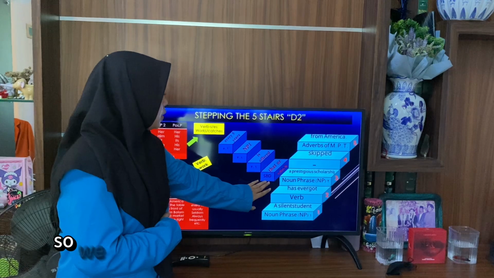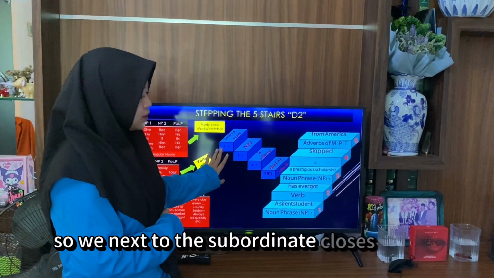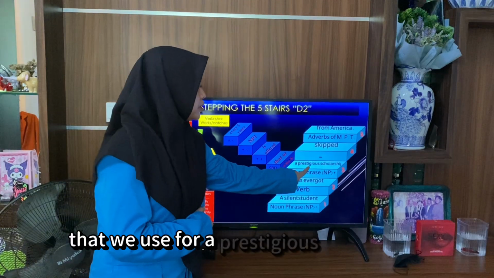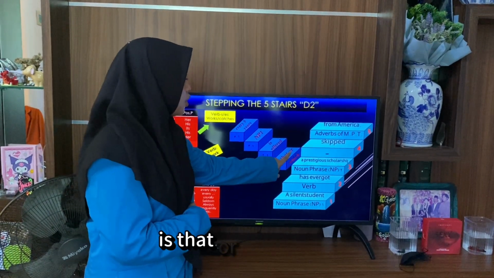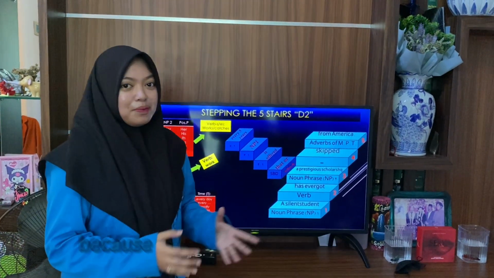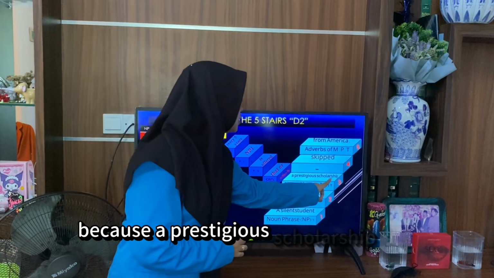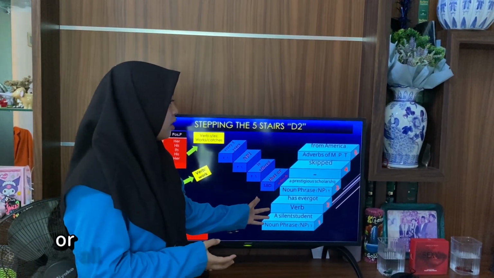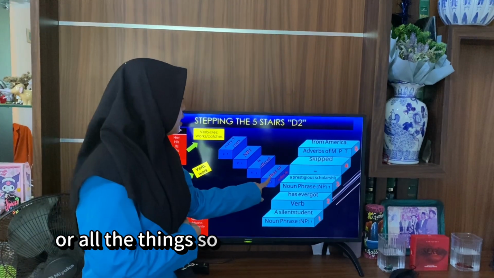Next is the subordinating clause in here. The subordinating conjunction that we use for a prestigious scholarship is that or which. Why? Because a prestigious scholarship can be explained with that or which.